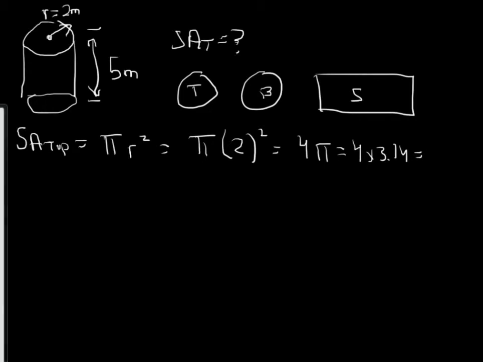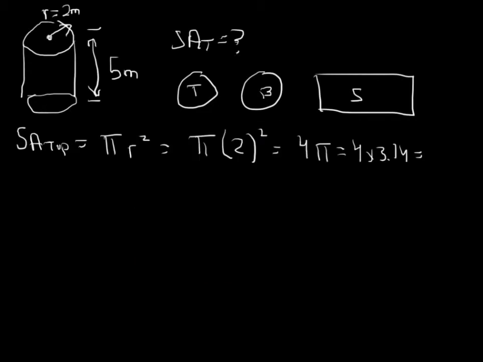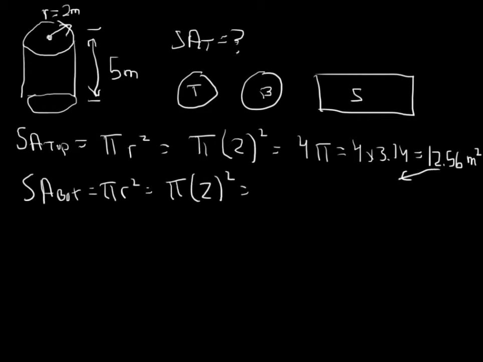Let's punch that in our calculator. 4 times 3.14 is 12.56 meters squared, because it's an area. Surface area of the bottom is the exact same thing, pi r squared, 12.56 meters squared.